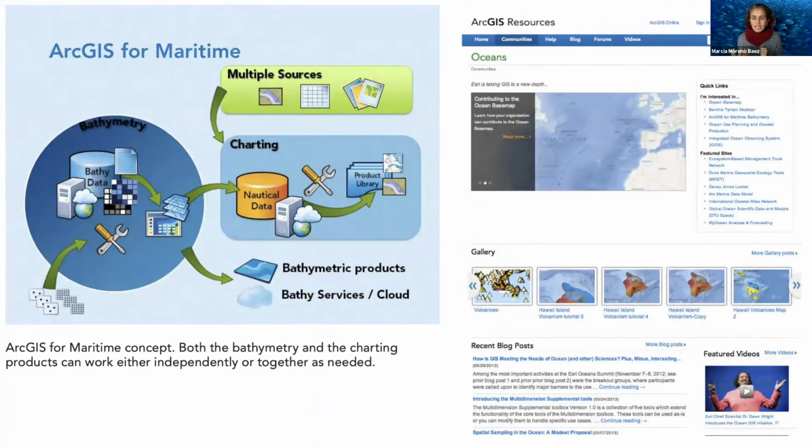So what I encourage you to do is to explore a little bit more about what GIS can do for marine scientists. You can do a quick Google search and you'll find a lot of information.